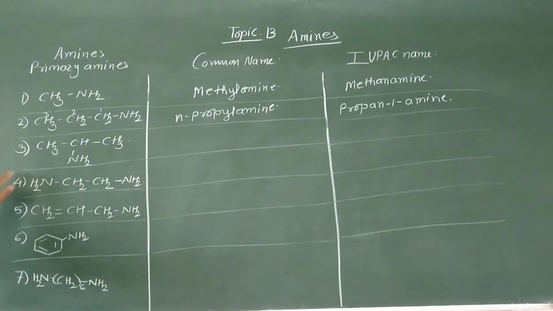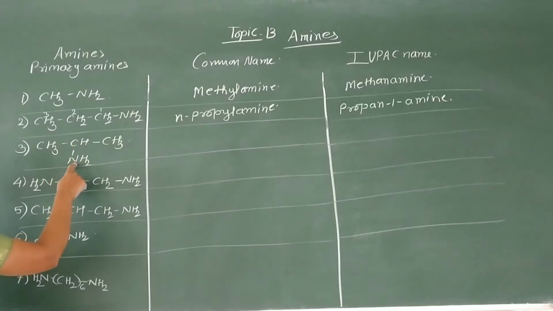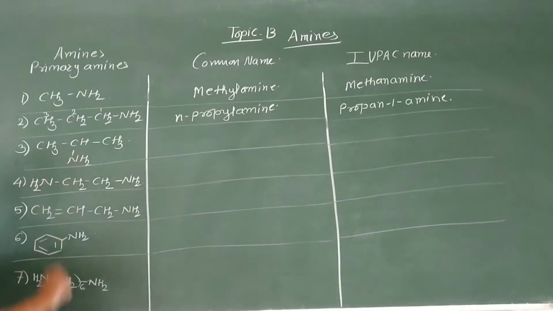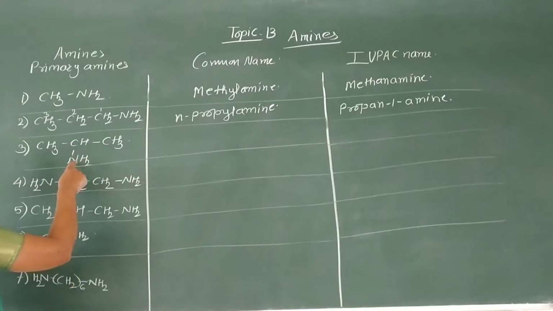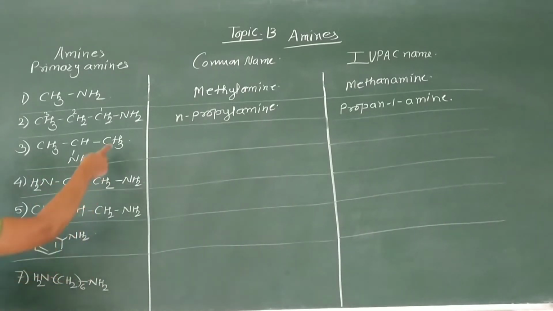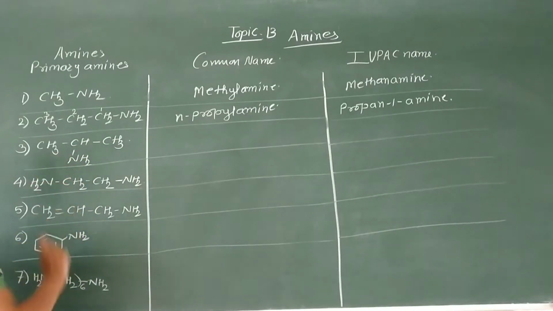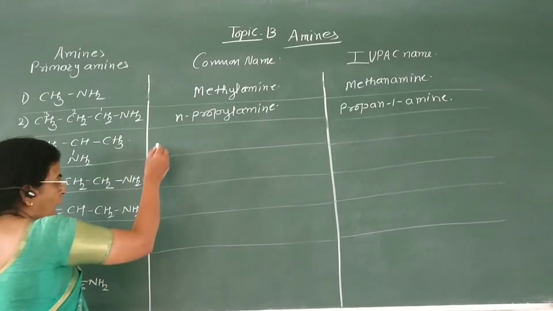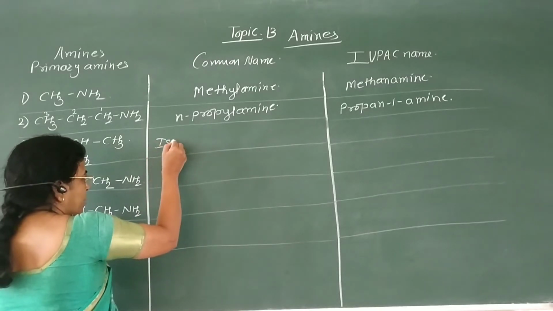Now third one, CH3CHNH2CH3. Now here 1, 2, 3 carbon atoms are there, and this NH2 group is present at the 2 position. Now first the common name. This CH3CHCH3 group is an isopropyl group, to which this NH2 is attached, therefore it is isopropyl amine.